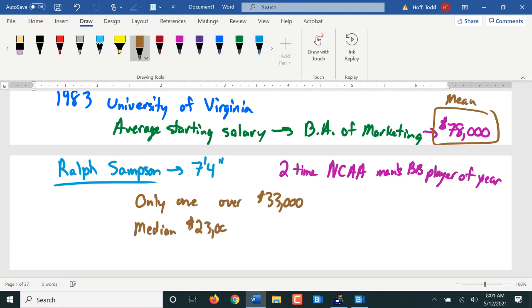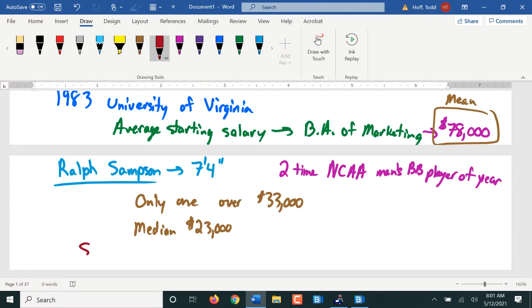The median was around $23,000. Marketing is not known as one of your higher paying starting careers. You make money in marketing by getting in a commission position and build up your residual. That 78,000 is a true statistic, but not very descriptive of the data.